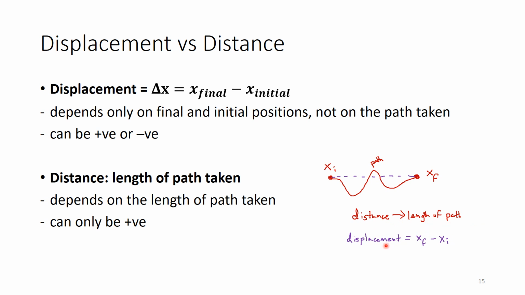All right, so that's the difference here. Distance is the length of the path. It can only be positive, but displacement is final minus initial positions. It can be positive or negative. Okay, so you can take different paths to go from x initial to final.